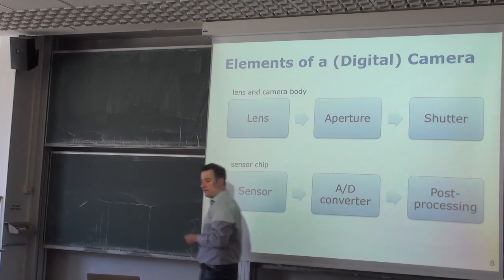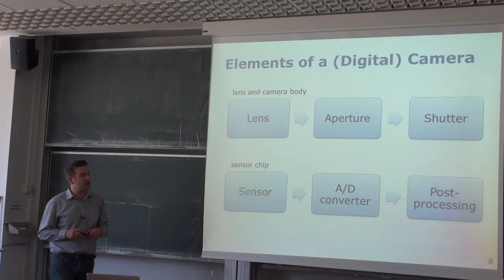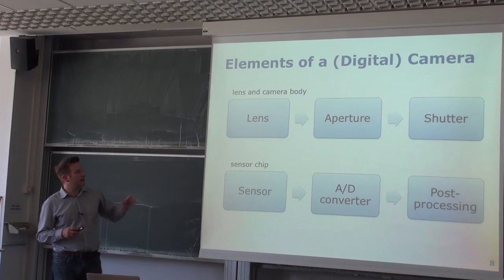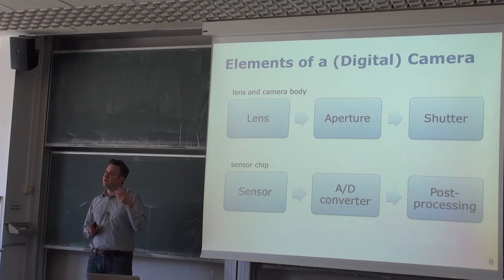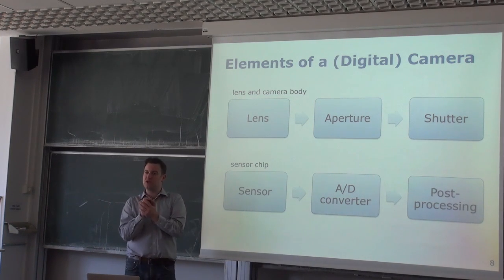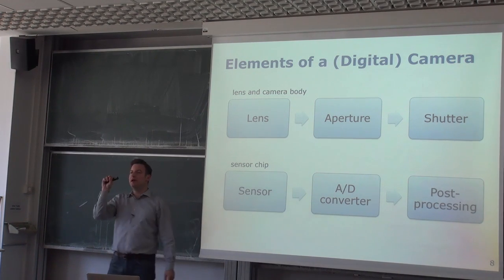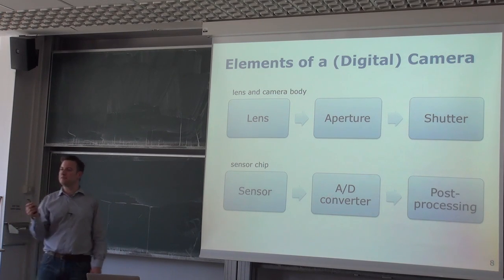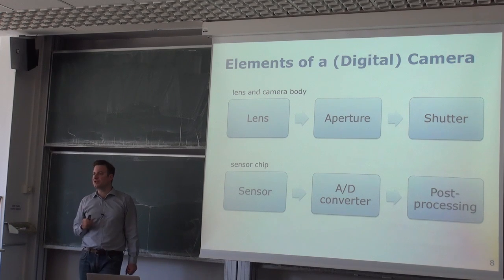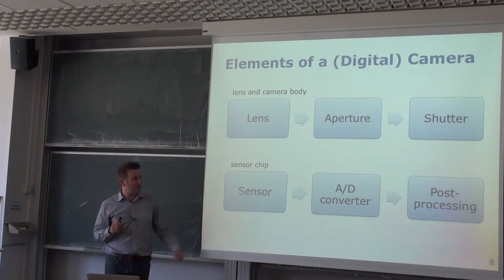Depending on the camera type that we're using, we have a shutter or not, or this is done electronically. And then we have the sensor itself. So we have the sensor, the chip, where every pixel is a small detector, which measures the intensity of light, or the number of photons that reach this sensor cell.